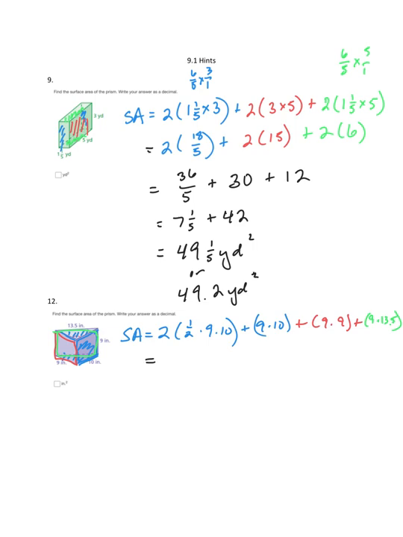So 2 times 1/2 is just 1. So together, those two triangular bases have an area of 90 square inches. Plus, that blue side is also 90 square inches. Plus the red side is 81 square inches, plus, I need my calculator for this green one, 13.5 times 9 is 121.5 square inches.